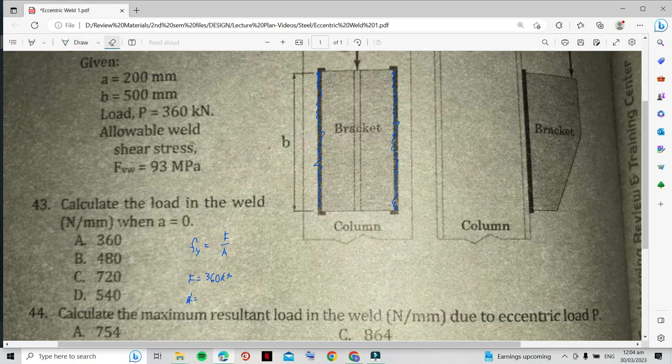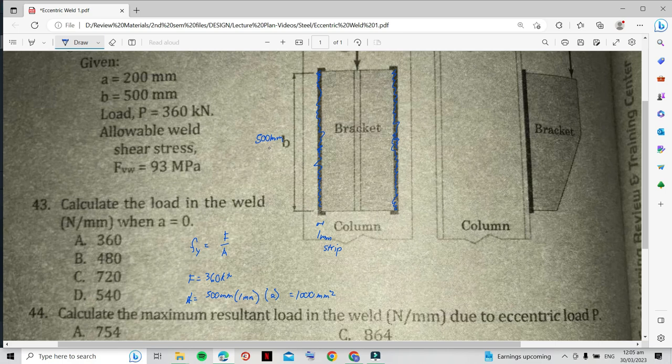When we say welded area, this is always considered as a 1 mm strip, just like when solving dams we use a 1 meter strip. Here in welds it is a 1 mm strip. So the area is 500 mm times 1 mm times 2, because there are two sides of welds, here and here. So we have 1000 mm squared.